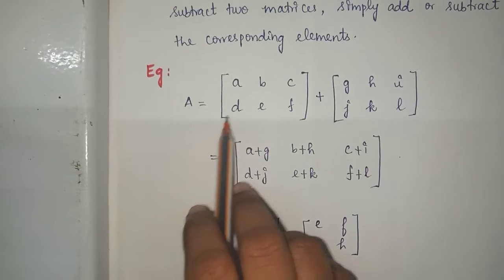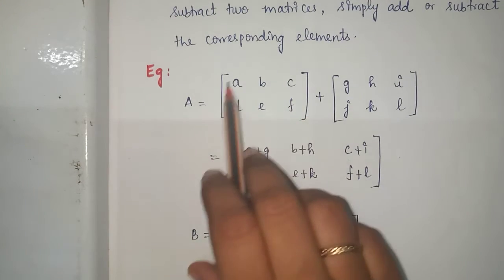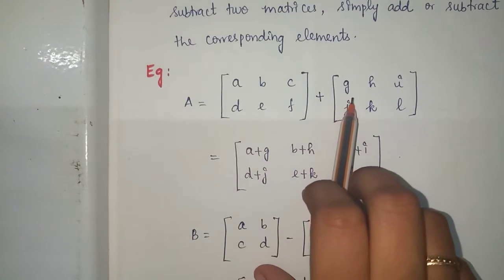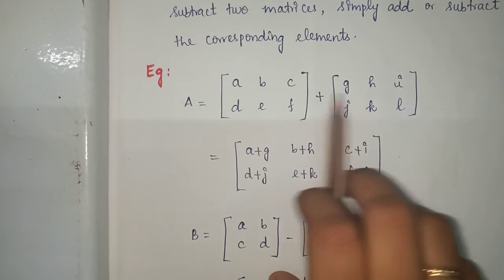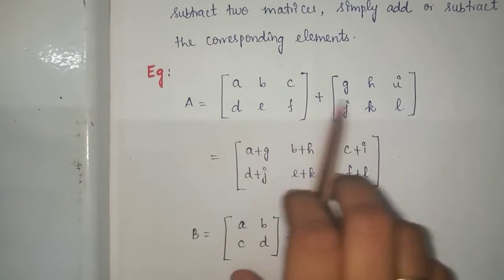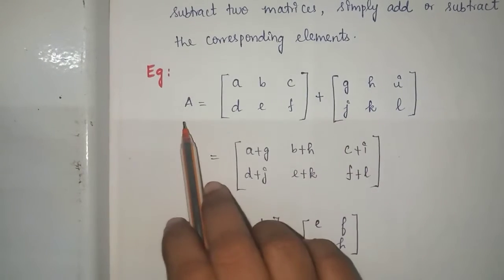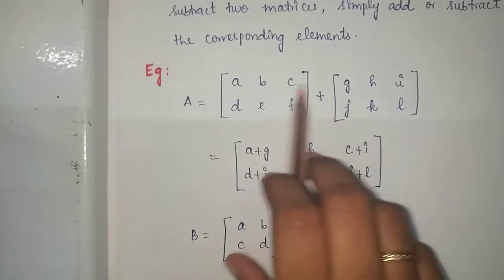Example: one matrix is A, B, C, D, E, F, plus the matrix G, H, I, J, K, L. If we add the two matrices, we get a matrix. We have to add the corresponding elements.